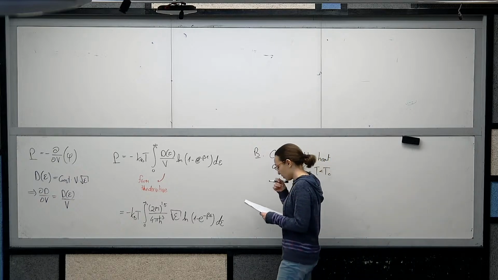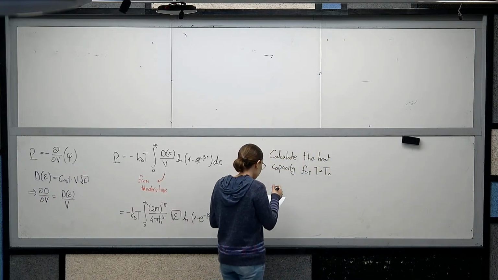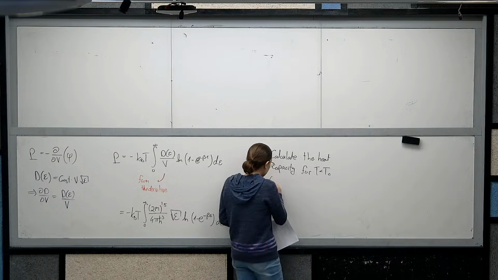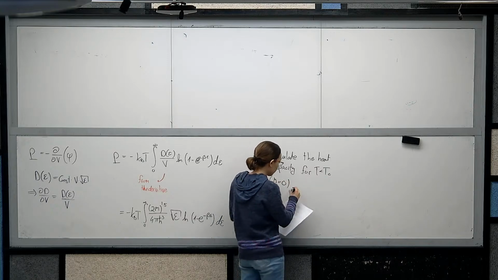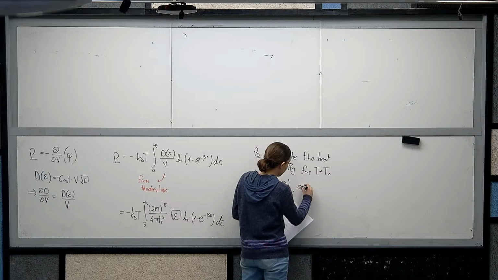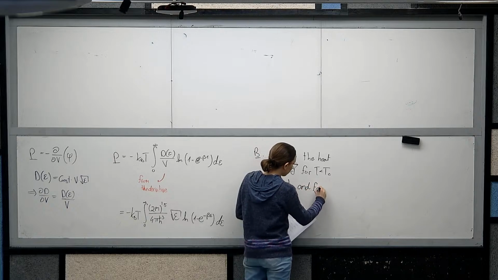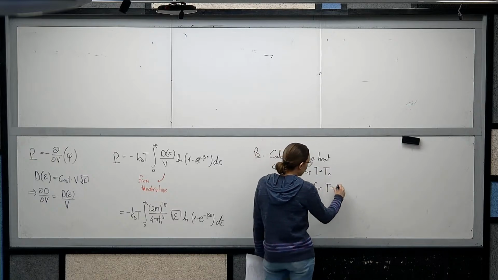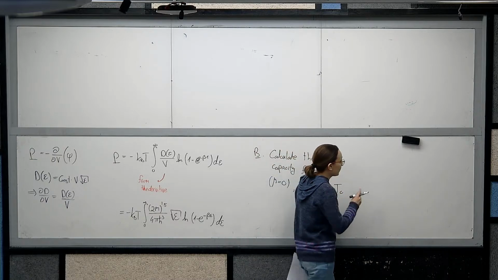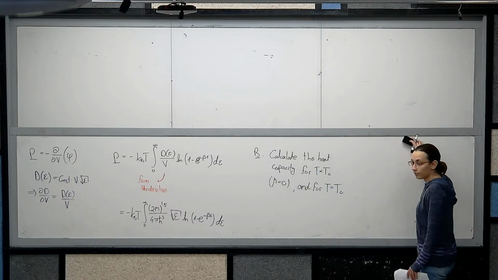So we want to work in this area of temperatures still with mu equals 0, and we also want to find the heat capacity for the critical temperature itself.